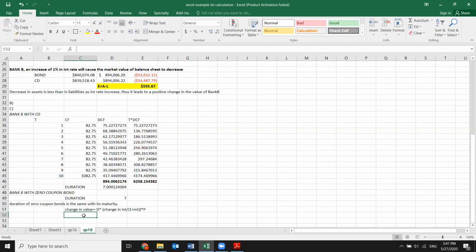So that means the change in value, let me calculate it here. Minus 7 times our interest rate change by 1% divided by 1 plus 0.12.